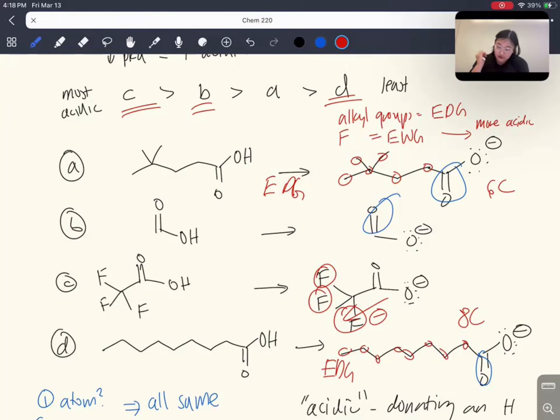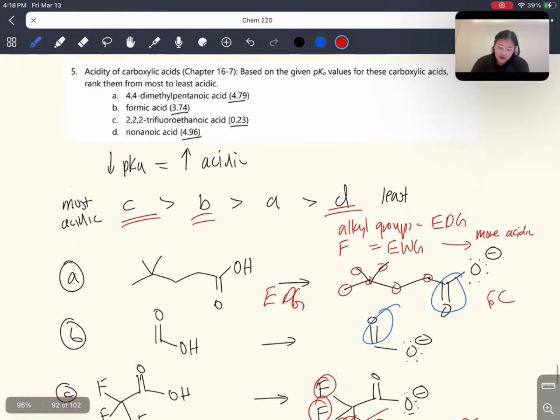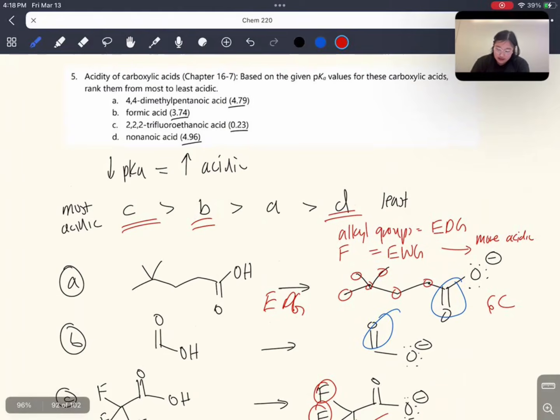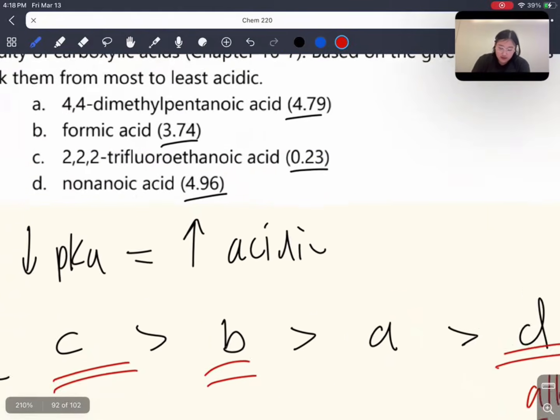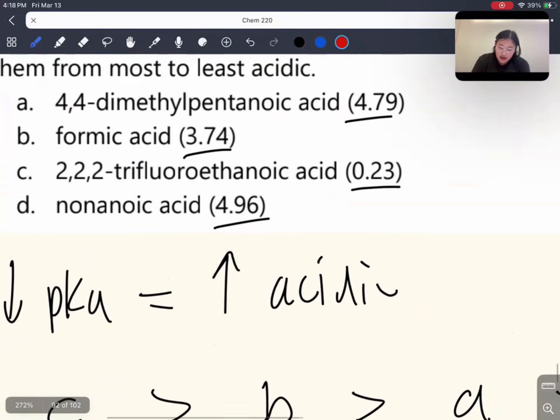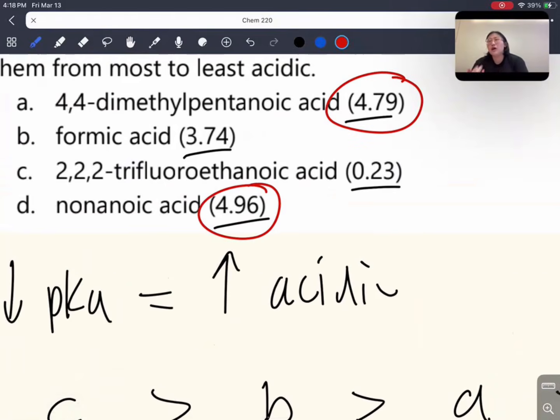But if we look at the difference in induction effect between A and D, it's 4.79 and 4.96. So those two carbons didn't make the biggest difference in terms of acidity. And that's why induction effect is lower than resonance or the atom reasoning.